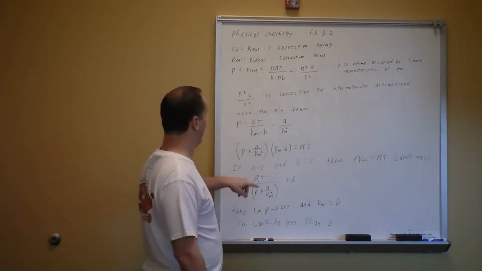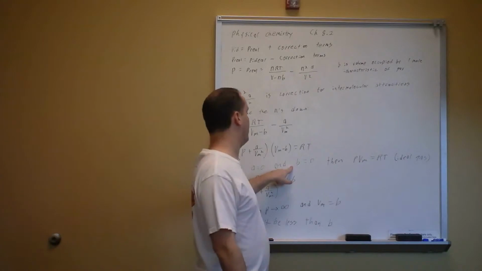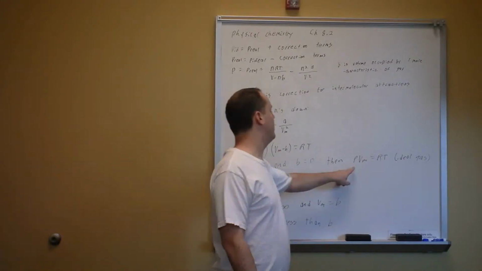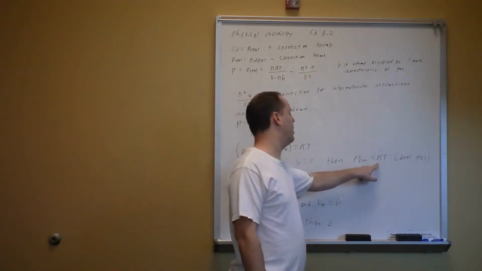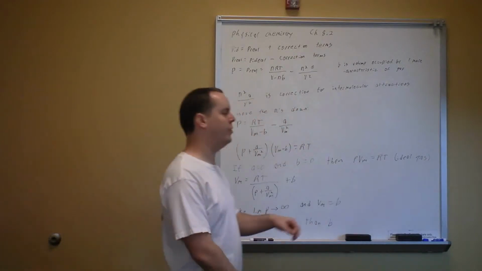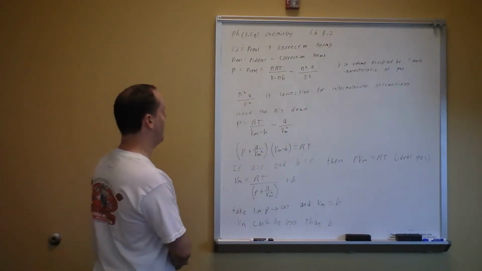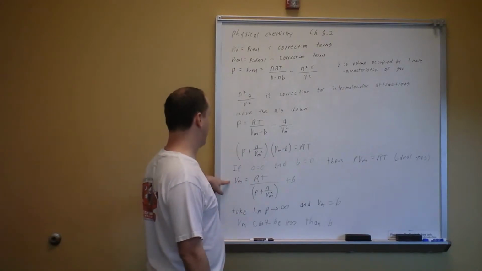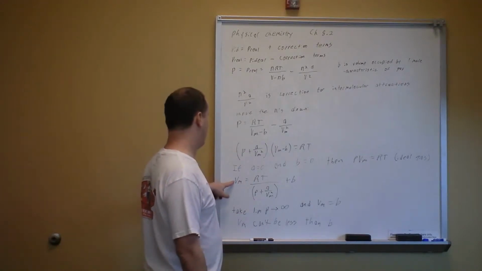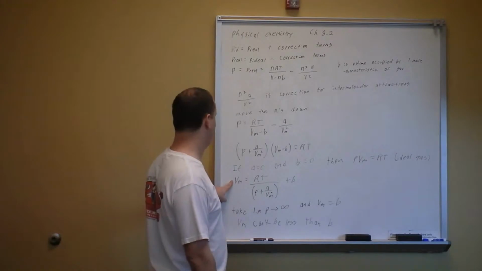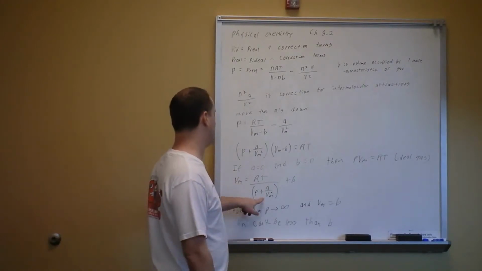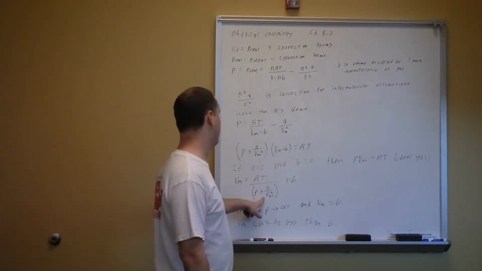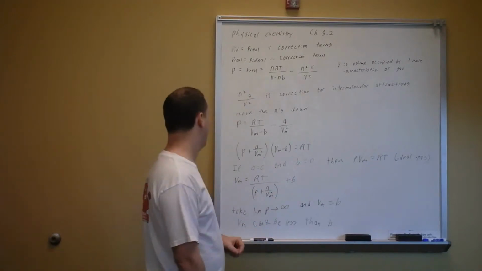Now if we take this form and put in a equals 0 and b equals 0, this will simplify to P times molar volume equals RT, which is what we had for an ideal gas to begin with. Also solving that for molar volume, we get molar volume equals RT over pressure plus a over molar volume squared, plus b.